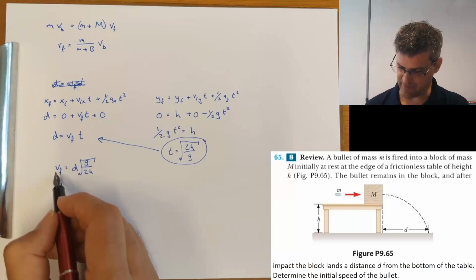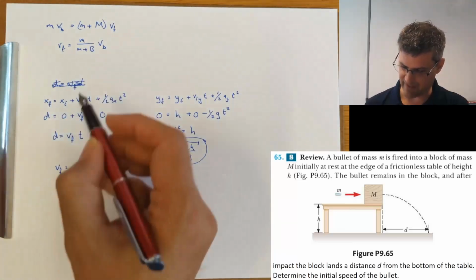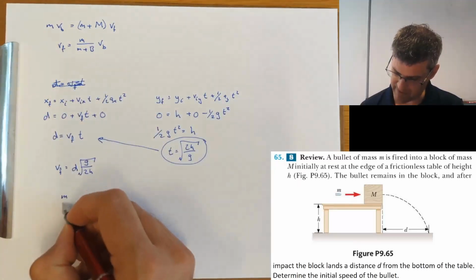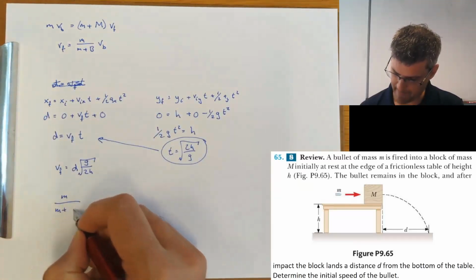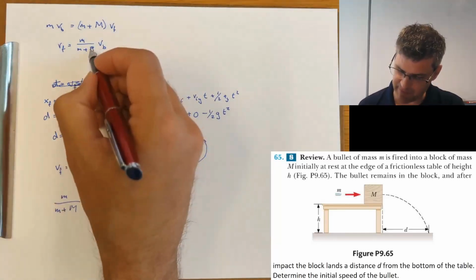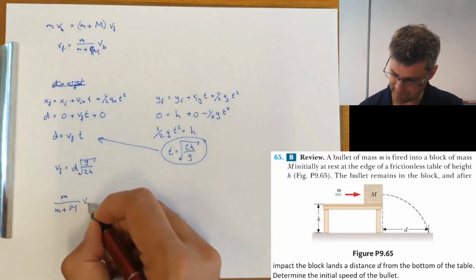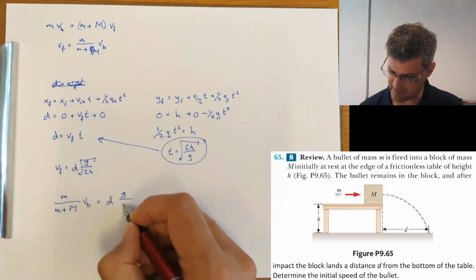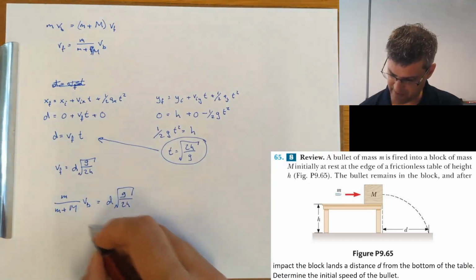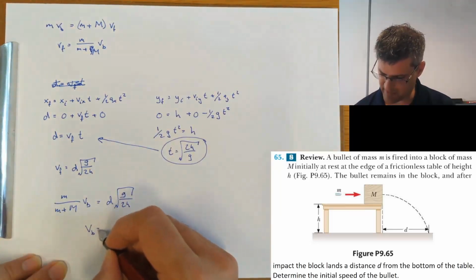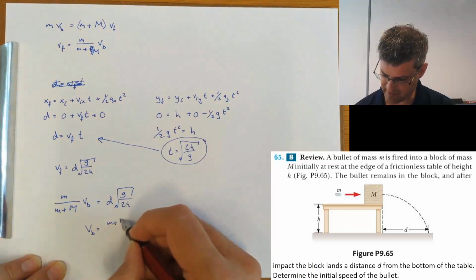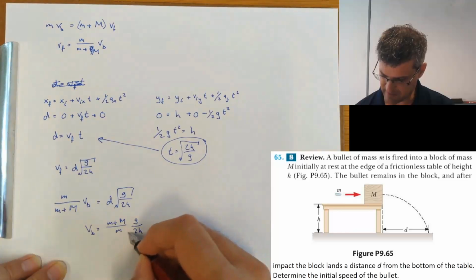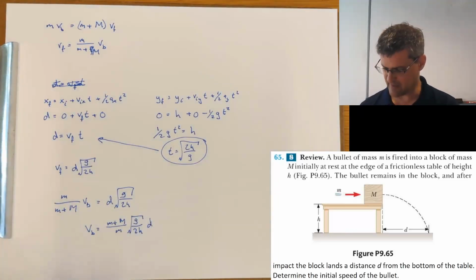Okay. Well, this V final and this V final, I want to find out what the final speed of the bullet is, right? So what we see is that m over m plus M, this is supposed to be big M, times the velocity of the bullet is equal to d times the square root of g over 2h, or that the speed of the bullet initially is given here.